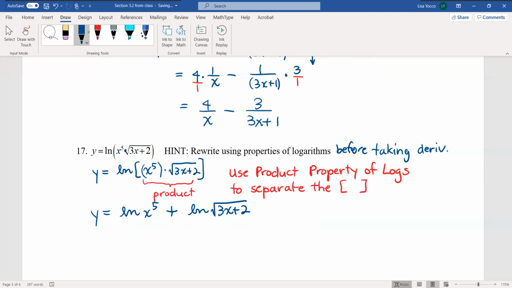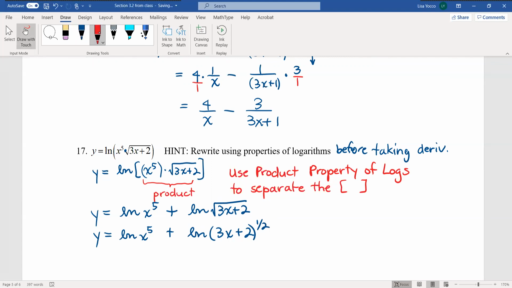Well, I always say logarithms and radicals don't go together very well. Logarithms and exponents do go together well. And so instead of using the square root of 3x plus 2, you want to rewrite that as 3x plus 2 to the 1/2. Why?